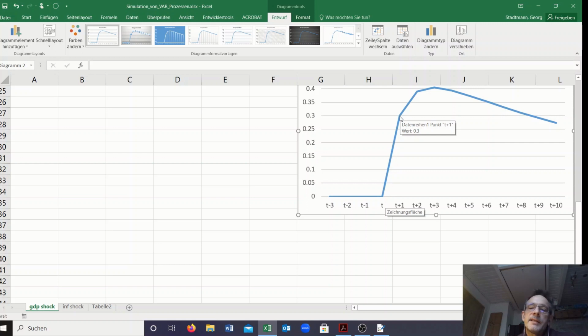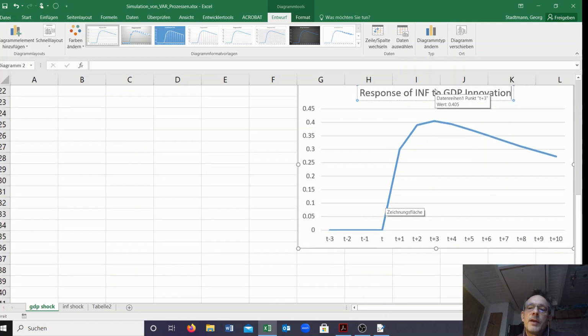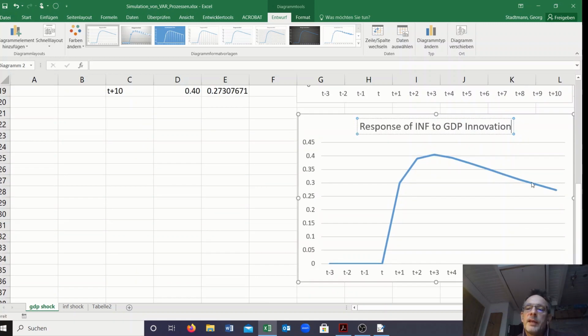And in period T plus 2 and T plus 3, the inflation rate increases. This is interesting because we have an increase of the inflation rate over time, and only after period T plus 3 will the inflation rate decrease.